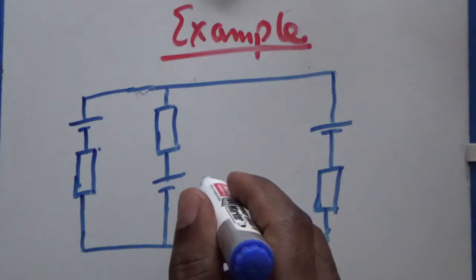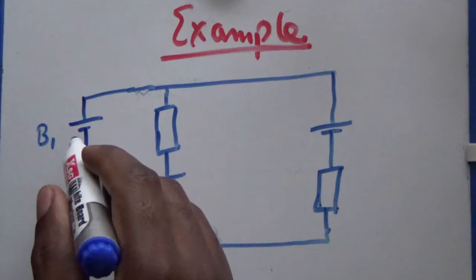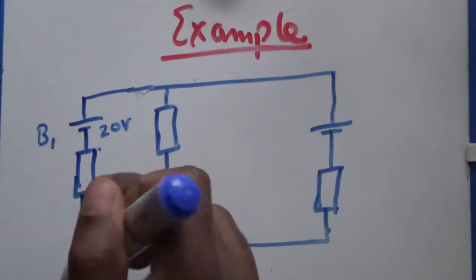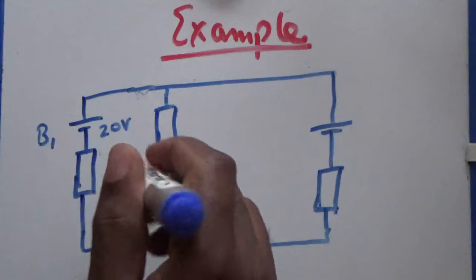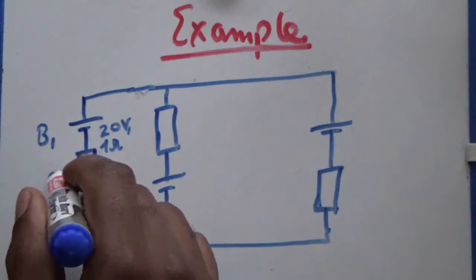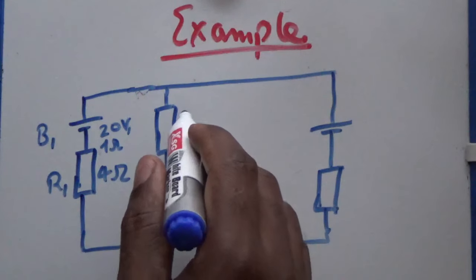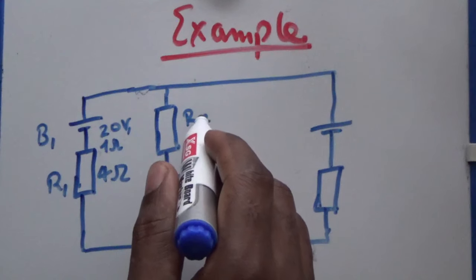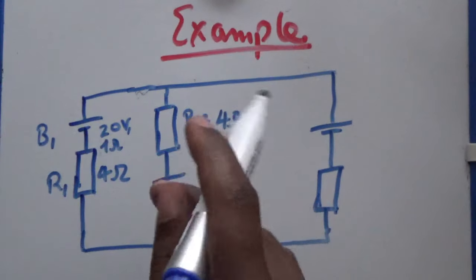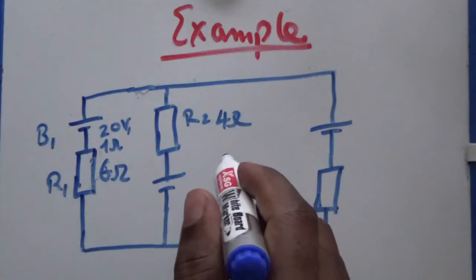So we are supposed to be finding, so this is B1, which is 20 volts, but we've been told that it has 1 ohm inside. This is R1, which is 4 ohms. This is R2, which is 4 ohms. This is 6 ohms.